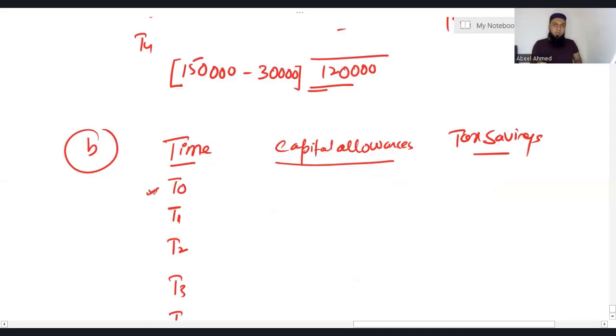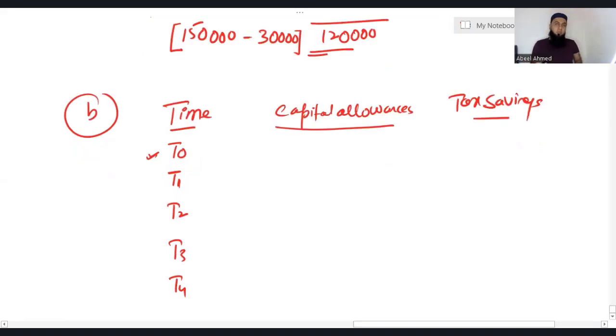What is the logic? What is the reason why we start from T1 when examiner says investment is made at the start of accounting period, and why do we start from T0 when investment is made at the end of accounting period? Let me first numerically complete part B, and then I'll give you the logic as well.